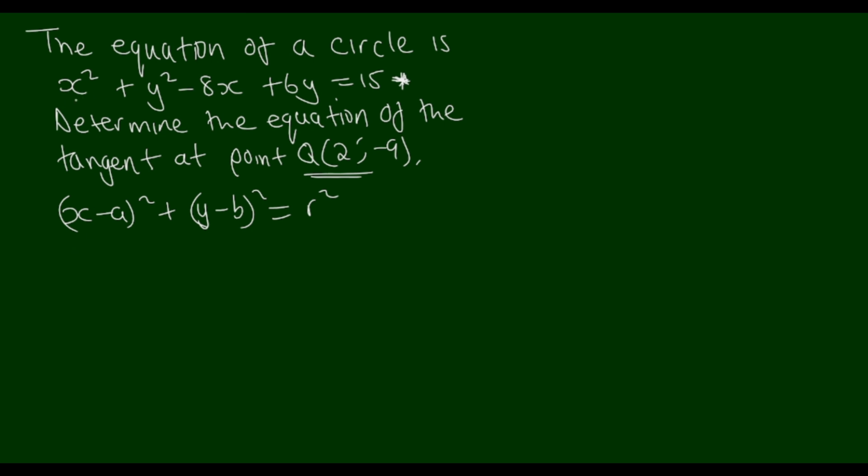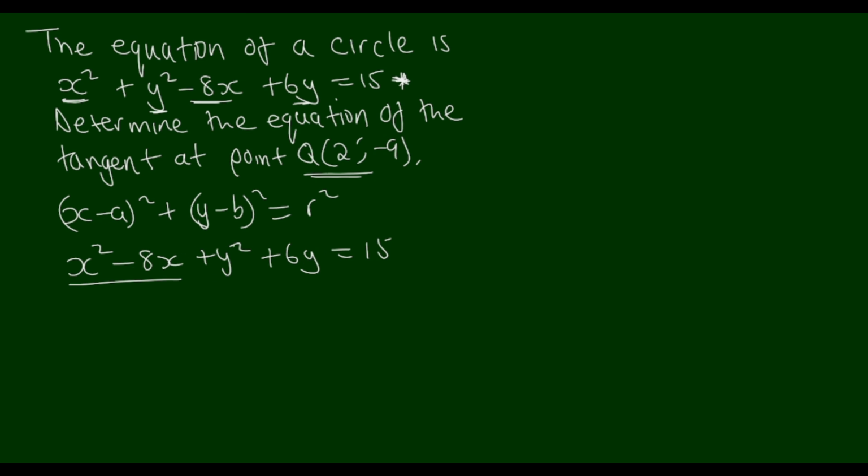Right, so we bring the terms with x closer to each other. We have x squared minus 8x, and then the ones with y, plus y squared plus 6y, equals 15. Now we complete the square. Let's start with this one. We divide negative 8 by 2, which is negative 4, and then we square that and add it on both sides of the equation.